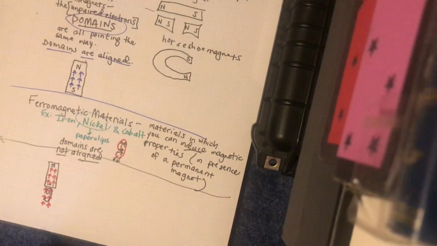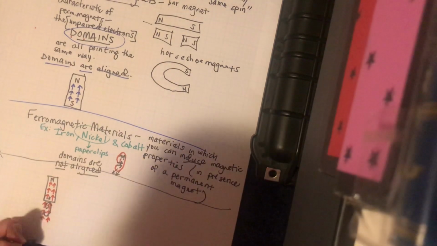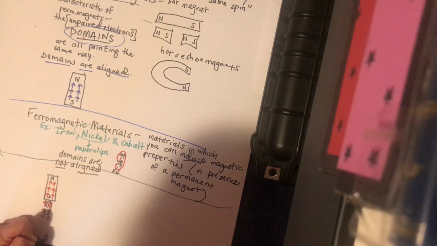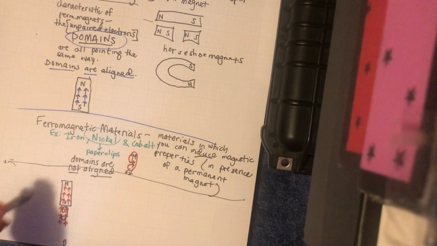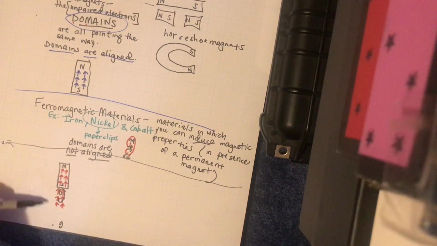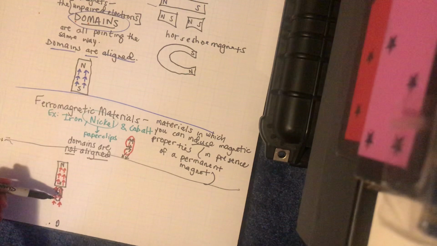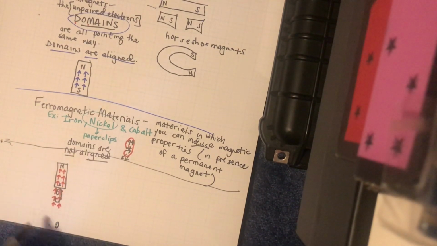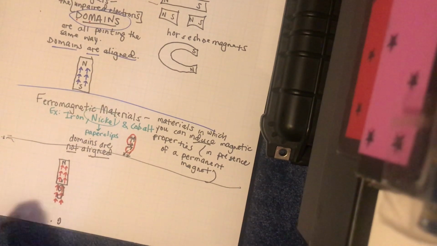What will happen then is if we have another paper clip lying around and we bring this system close enough to this paper clip, the one that has previously become aligned in the presence of the permanent magnet can now act as a magnet to get the domains in this new paper clip to align and lift it up as well.